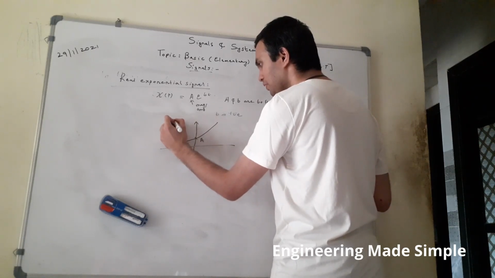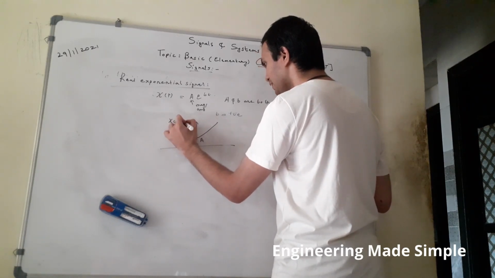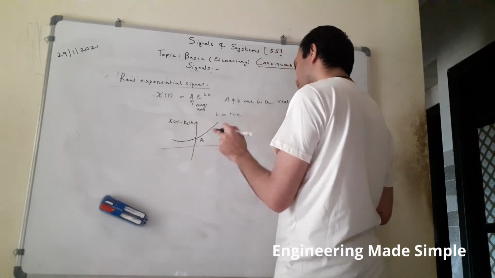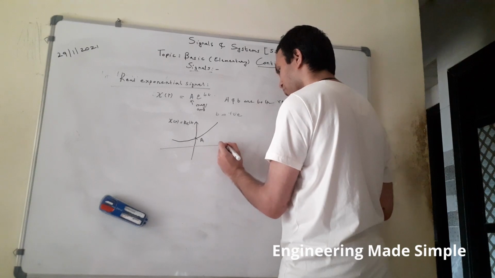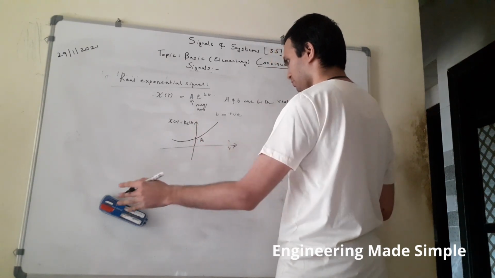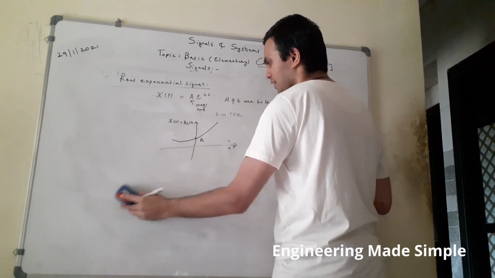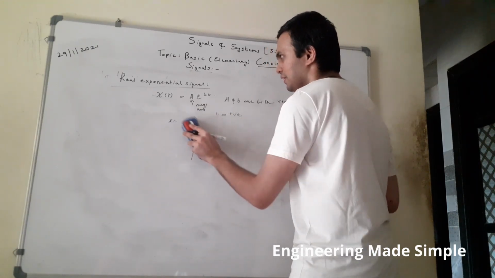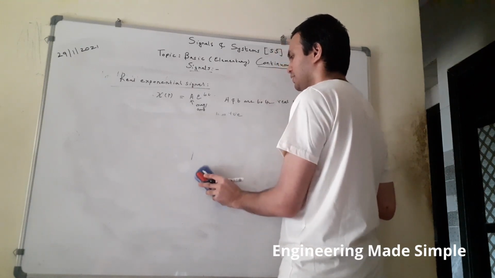So when b is positive, you will get this type of plot, which is an increasing exponential signal. This is your time axis and this is x of t. Now the next subtype, the decreasing real exponential signal.